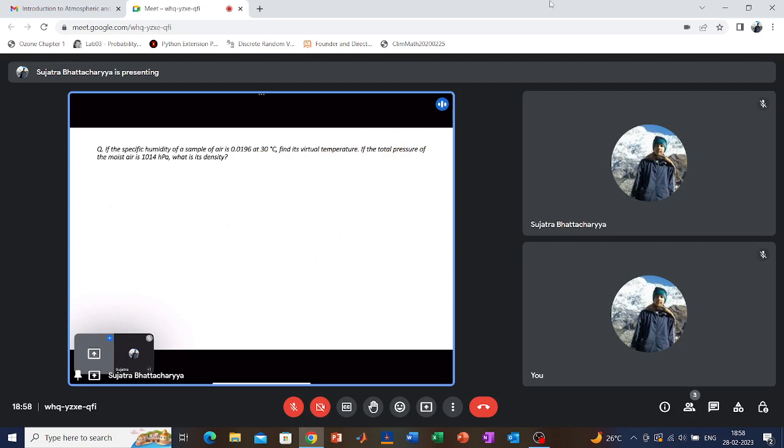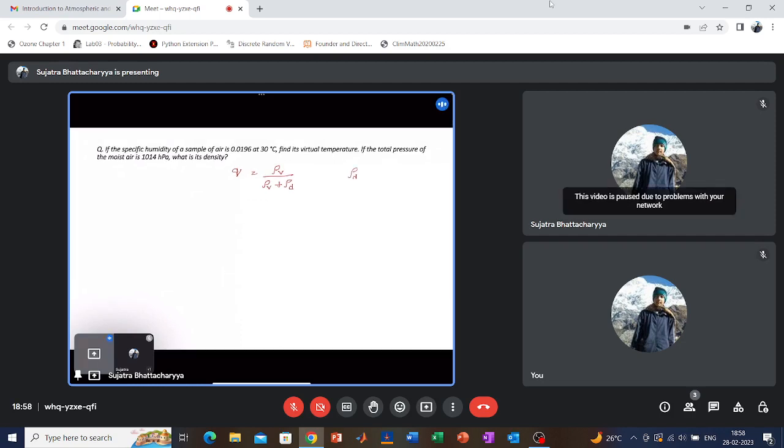Next is the question of specific humidity of a sample of air. So what is specific humidity? Specific humidity Q is density of vapor divided by density of vapor plus density of dry air.